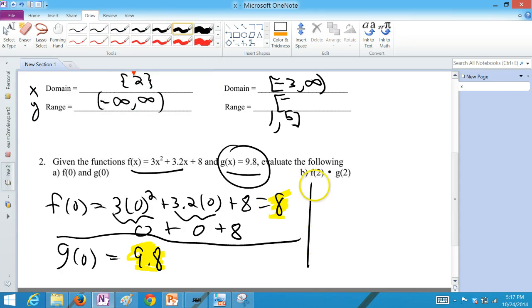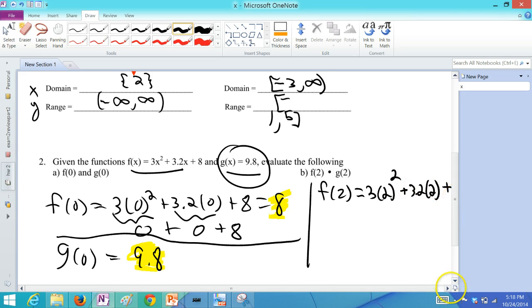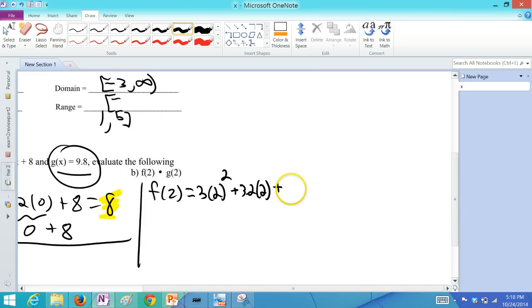So then we have in part B, f of 2. We're going to plug a 2 in every place we see an x. 3 times 2 squared, 3.2 times 2, and then we add on an 8. You have to do the exponent first here and square 2 and get 4.